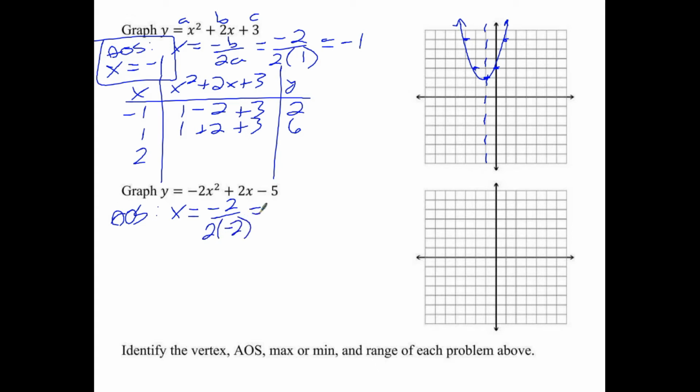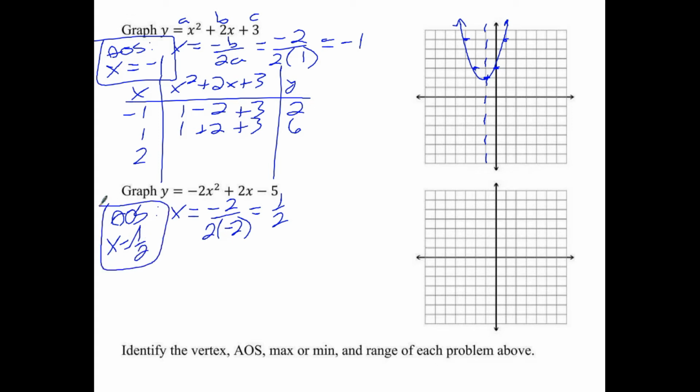So then we simplify that. One half is right. The top number is negative 2 because it's negative b. And b is 2, so it's negative 2. Okay, so we have x equals 1 half as our axis of symmetry.